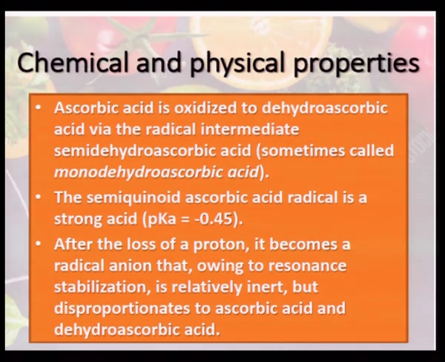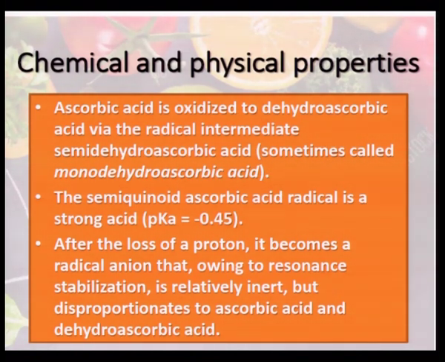So, we have this semi-dehydroascorbic acid, which is also known as monodehydroascorbic acid, playing an important free radical intermediate role in the transition of free radical scavenging that happens through vitamin C. The semi-quinoid ascorbic acid radical is a strong acid.